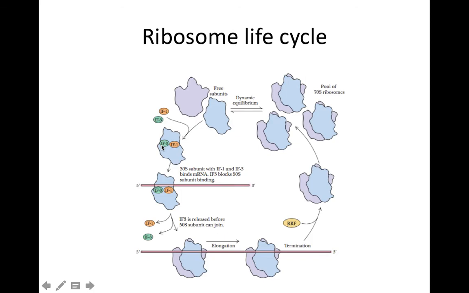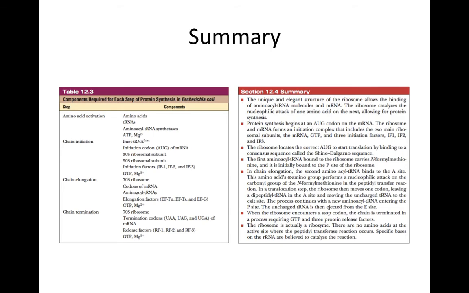Otherwise, translation will not occur because the mRNA will not be able to bind with the small subunit. Which means that after inactivating the ribosome, it has to dissociate for another round of translation. So, this is a summary of your translation in prokaryotes.